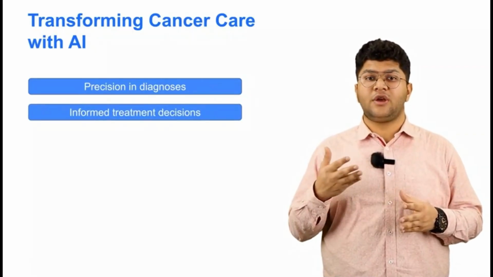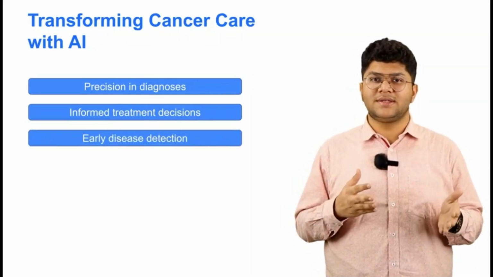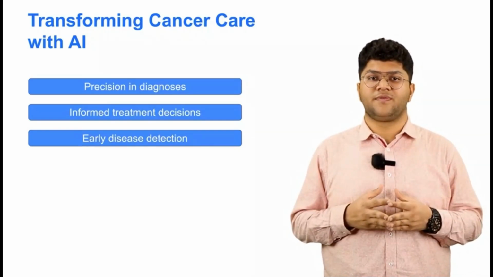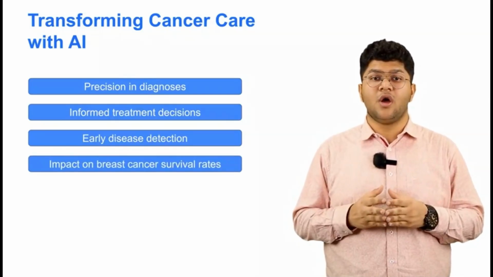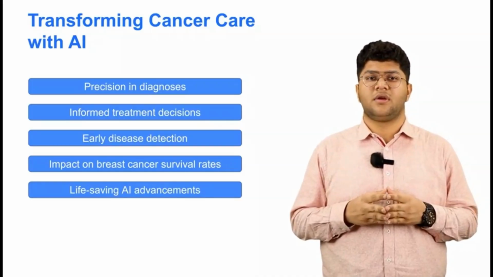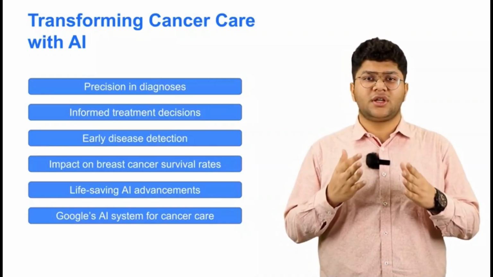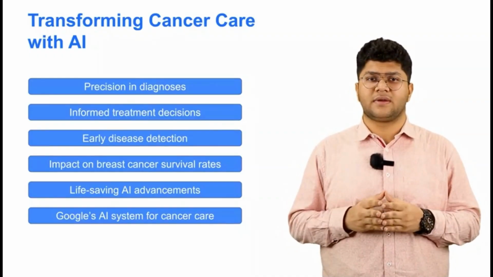The ability of AI to find the earliest signs of disease, which might otherwise go unnoticed, is transforming cancer care and improving patient outcomes. Early detection is critical, especially for diseases like breast cancer, where timely intervention can drastically increase survival rates. By leveraging the power of AI, Google's system is not just a technological advancement, but a life-saving tool in the fight against cancer.